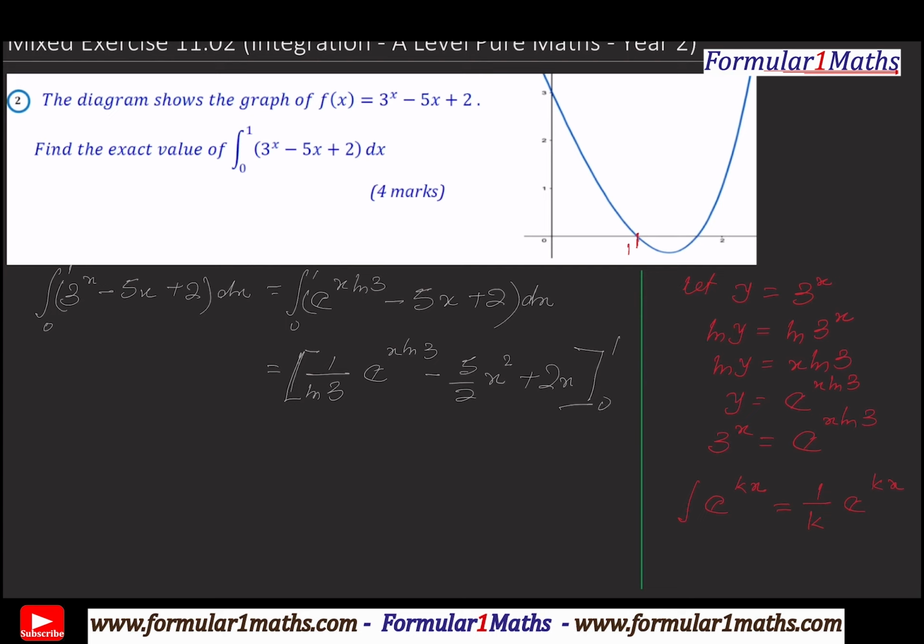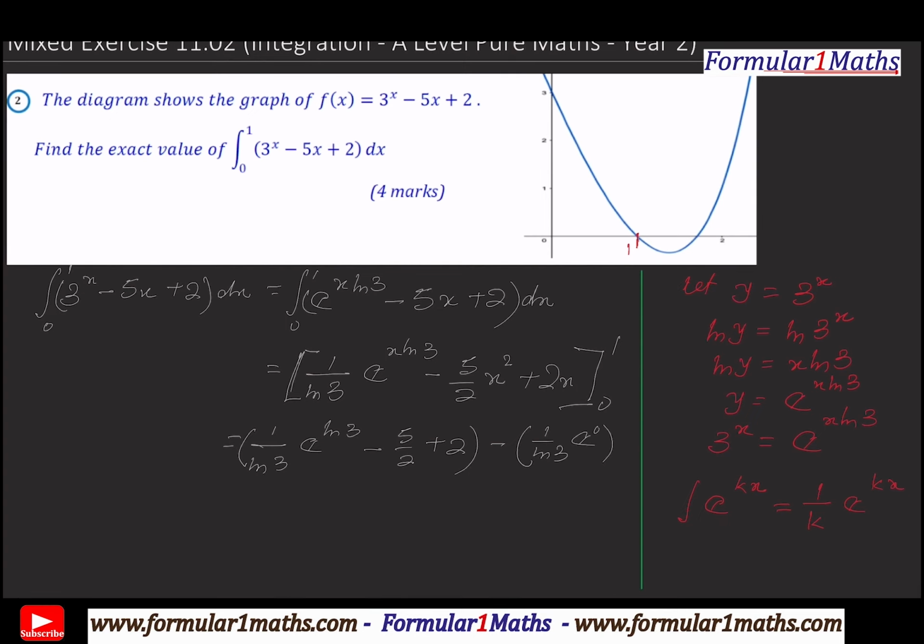We can now evaluate this by putting 1 and 0 into this and subtracting them, and we are going to get 1 over ln 3 e to the power ln 3 minus 5 over 2 plus 2, all of that, minus. Put 0 into all that, and you're going to get 1 over ln 3 e to the power 0, and the rest will be 0.